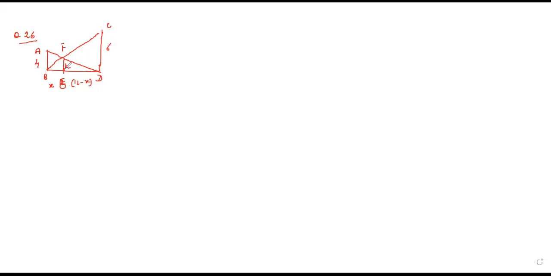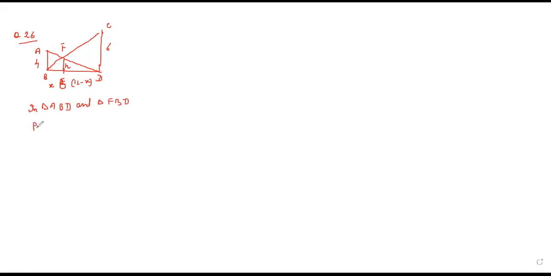So you have to find out the value of H. If I go with triangle ABD and triangle FBD, both the triangles are similar because both are at the foot of the perpendicular and they meet at an angle of 90. So, yes.